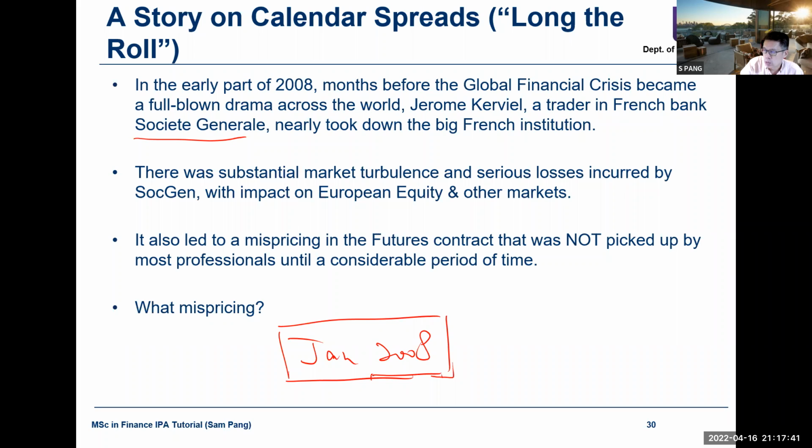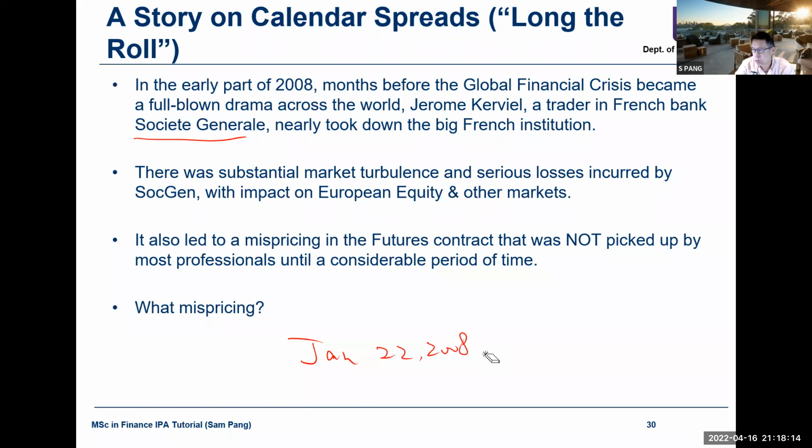So in the early part of 2008, I think it was around January 22nd, somewhere around there. The global financial crisis was in the autumn of 2008, but just shortly after the new year, already things were not really looking that good.